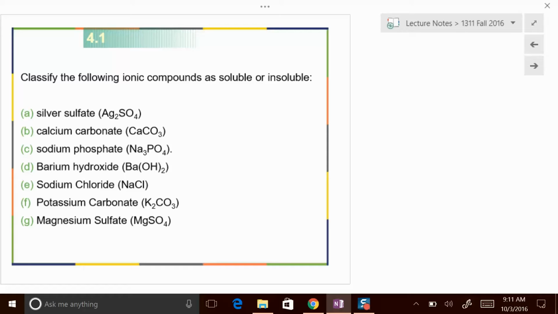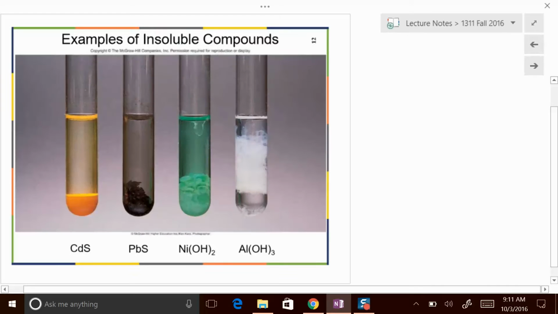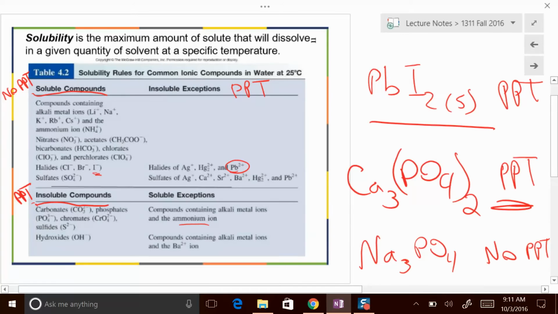Okay, so let's classify the following ionic compounds as either soluble or insoluble. Okay, so silver sulfate. Are sulfates, do you think, soluble or insoluble? So let's go back here. Do you see where sulfates are?